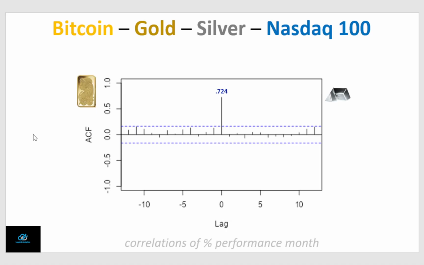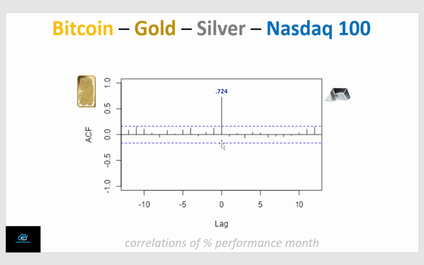Now, I personally find these charts interesting as well. What are these? These are cross correlation functions. Here you see in the chart ACF, which is autocorrelation function. Technically speaking, when you run this in R, you get a plot that says ACF, an autocorrelation function, but since it's now two subjects, it's a cross correlation function. What does that mean?